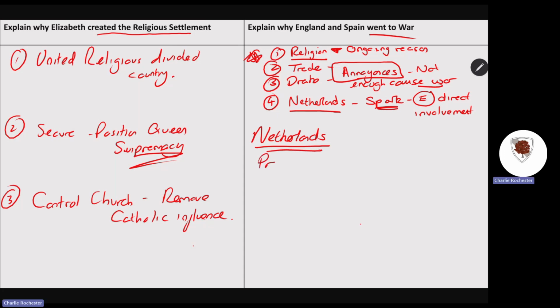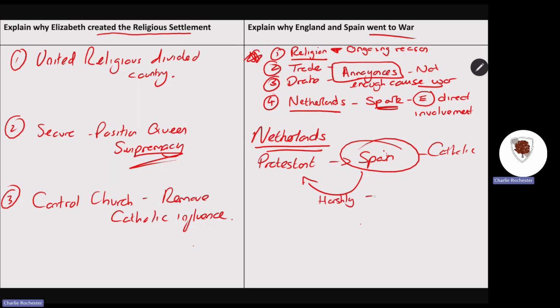But remember, the Netherlands were Protestant and they were controlled by Spain, and Spain were Catholic. Spain treated Netherlands harshly, and they used torture to try and get people to become Catholic. So events such as the Spanish Inquisition used methods of torture to try and get people to be Catholic.